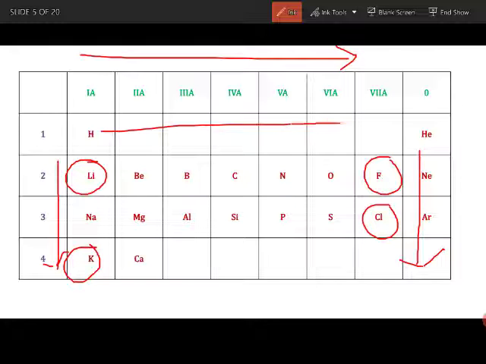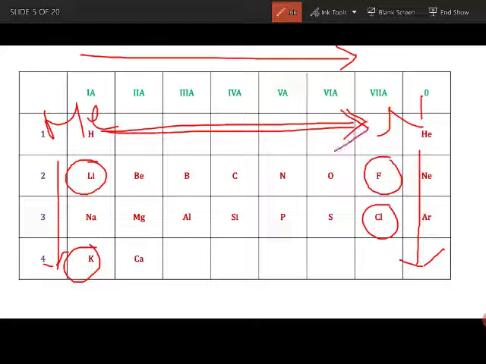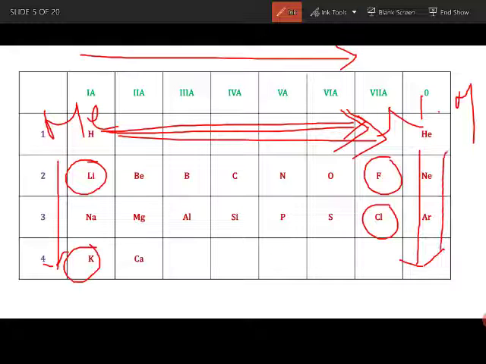See, when you move from left to right, you are moving from metals to non-metals. That means when you move from left to right, metallic character decreases. So what increases in turn? The non-metallic character increases. If left to right non-metallic character increases, what will happen top to bottom?